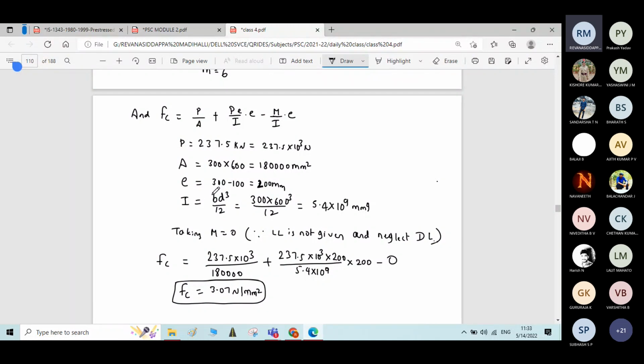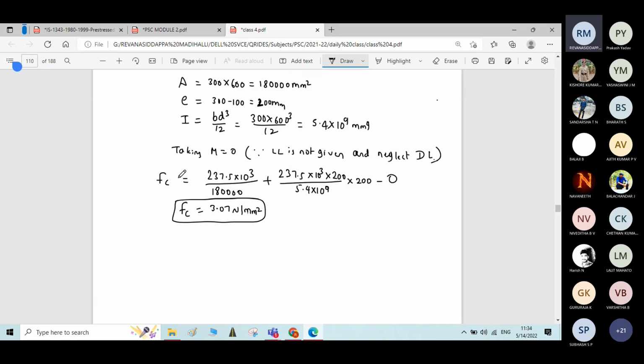If the cables are pulled and anchored simultaneously, the initial pre-stress will be taken considering the loss only. Therefore we are not going to calculate the loss of pre-stress if the cables are stressed simultaneously. Only if the cables are pulled one by one.